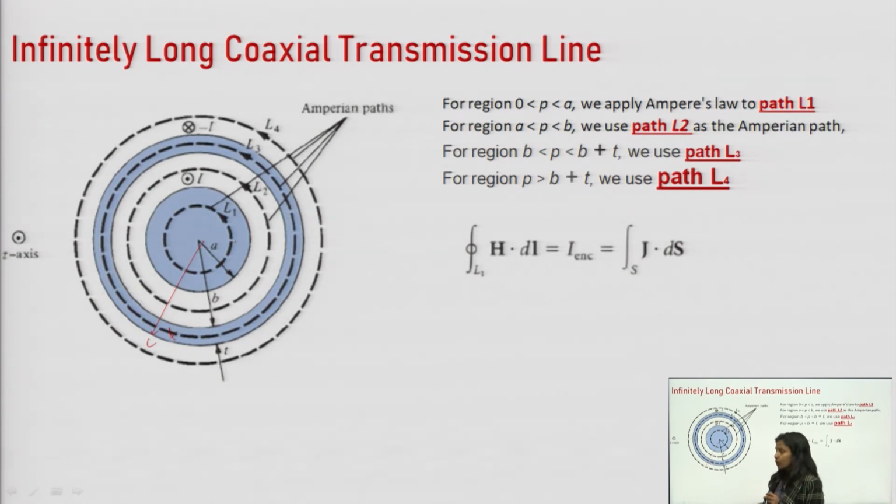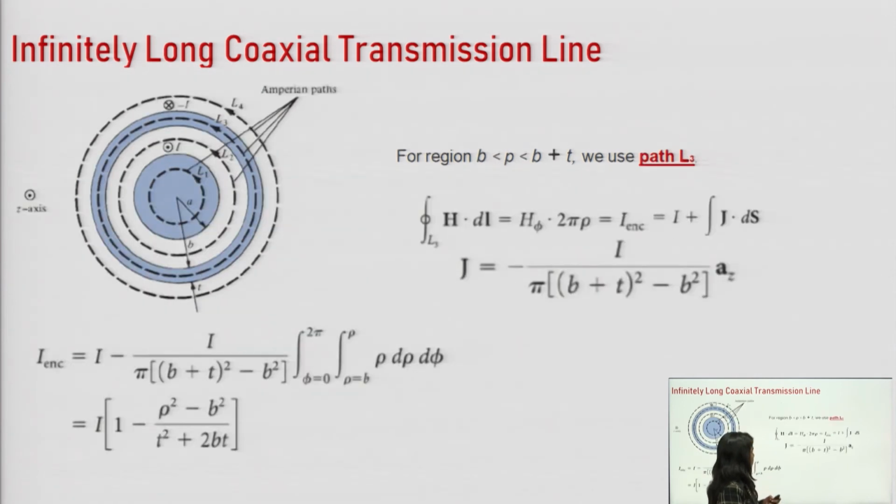Finally, if our point of interest is outside the outer conductor, outside the coaxial transmission line, then we will use the Amperian path L4. So how to apply that? According to Ampere's law, the closed integral of H dot dl is equal to the total current enclosed, but as this is a solid coaxial transmission line, we will use J, the current density, and ds, the area. So we will use the integral of J dot ds in place of I enclosed.